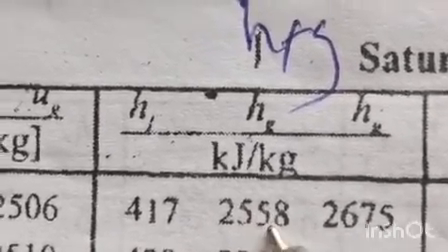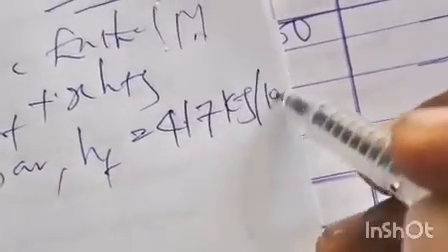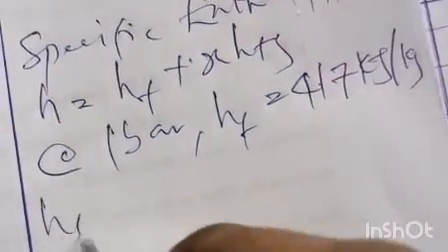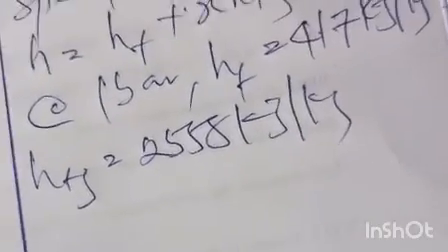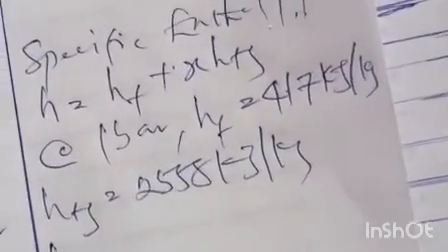HFG is in the middle, which is 2558 kilojoules per kilogram.